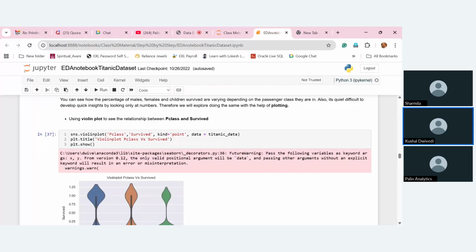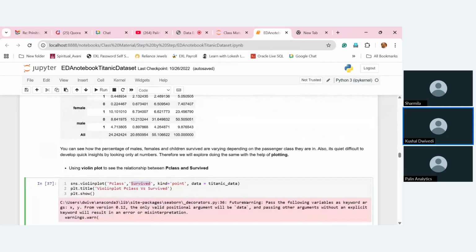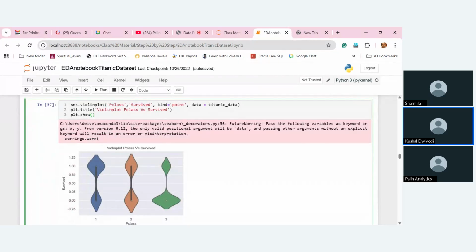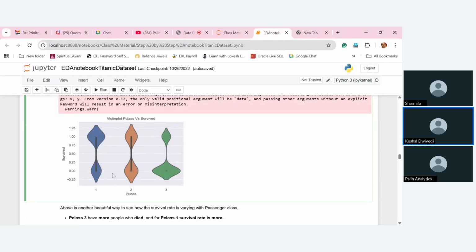Okay, then there is the violin plot. In the violin plot, we are again looking at passenger class and survival. We are trying to analyze one question from many scenarios and confirm it. Here you can see that for passenger class 3, the zero value is most thick and the one value is very small.